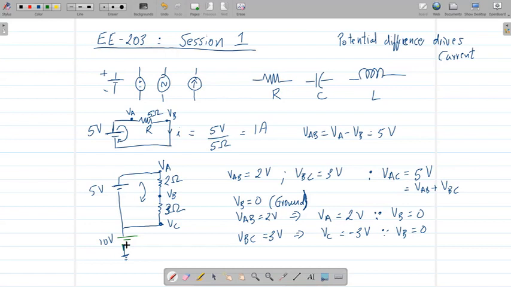And what is going to be the value of VA, VB, and VC now? Well, we know that the flow of current is happening from the 5 volt battery. You see, this 10 volt battery is actually not contributing to any current because there is no path closing the 10 volt battery. Let's use the pointer.